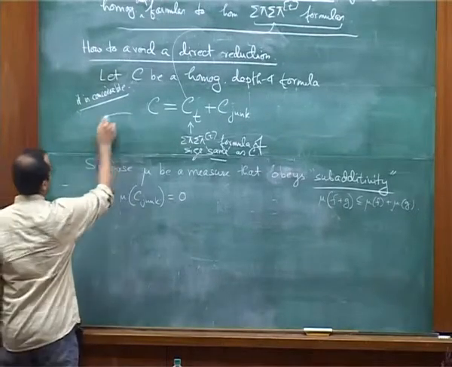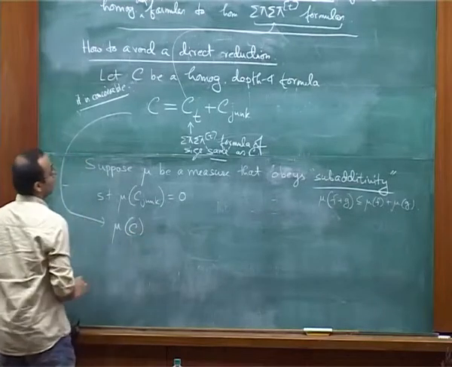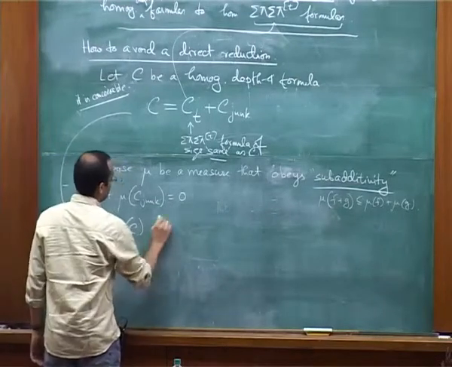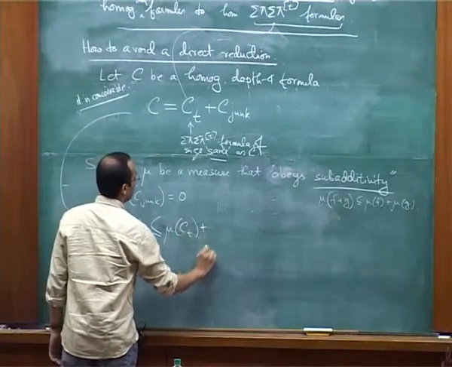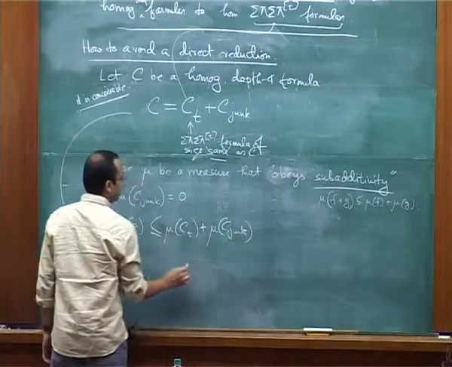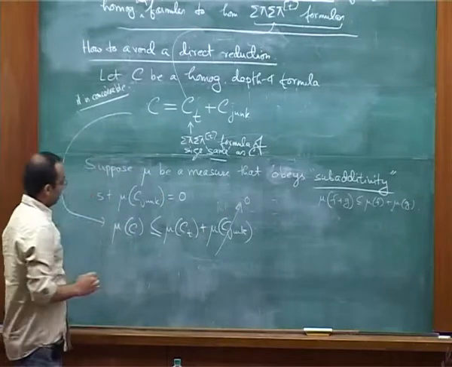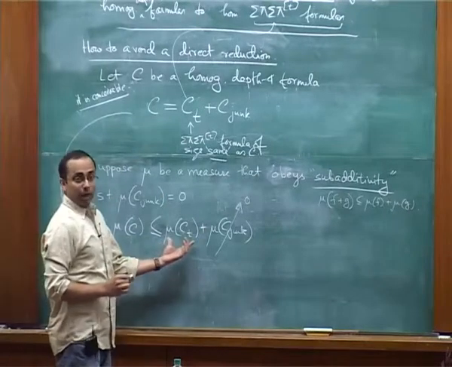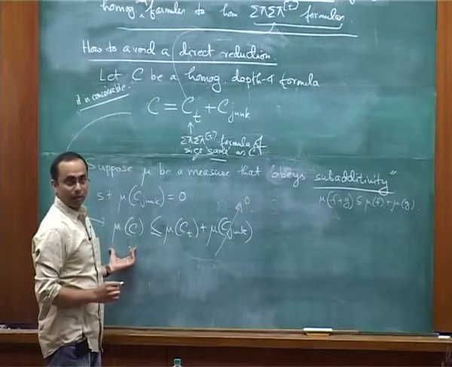If you try to apply mu to this equation, you get mu C, which by subadditivity is bounded by this plus this, and since this is 0 by assumption, the upper bound on Ct still gives an upper bound on C. Right?